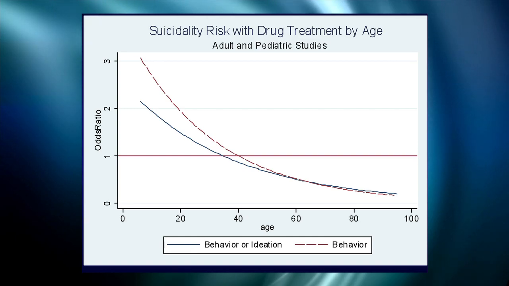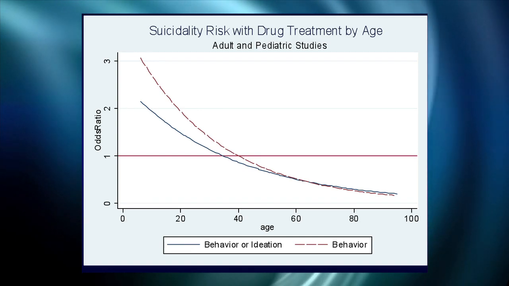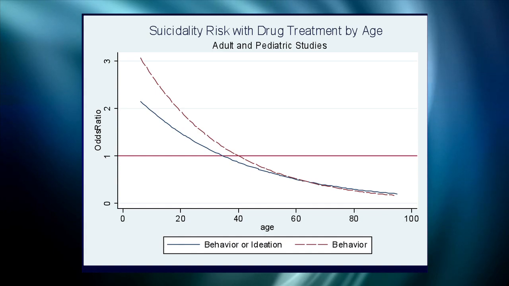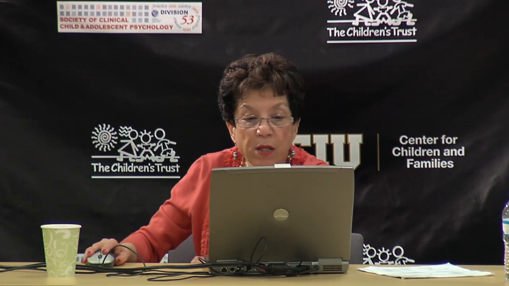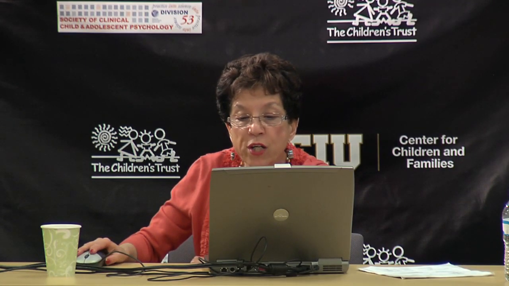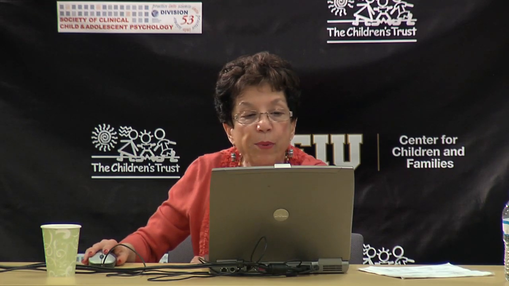So there's something going on here that lasts until adolescence, young adulthood, that disappears over here. And I think many of us have some hypotheses about what changes are taking place. But one of the things that seems to have an impact is whether you voice wanting to die.